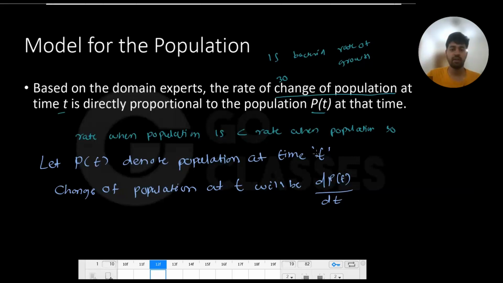And what the domain expert has told us is that the rate of change is directly proportional to the population at that time. So, writing it simply, we have dP of T by dt is directly proportional to P of T. So this is my belief.